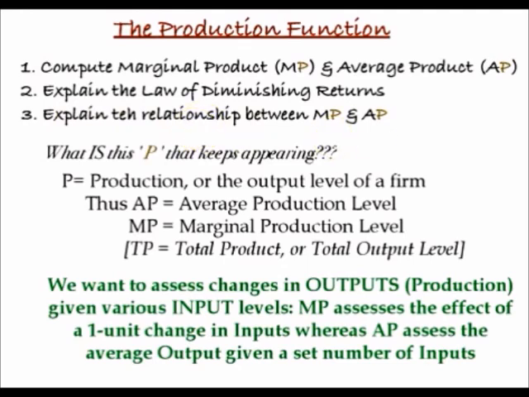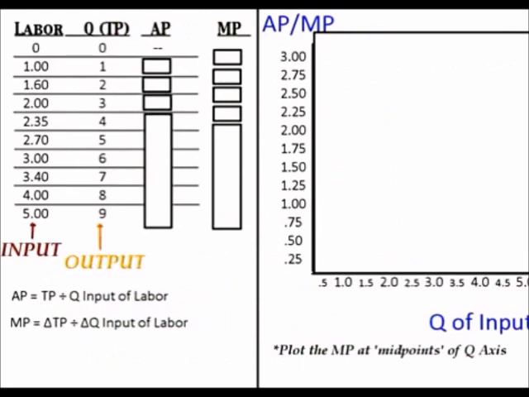All right, so we're back to this world of math. Gotta love math. Let's make sure that we understand the schedule that we're looking at first. This first column here you see is input levels. These are amounts of labor. You can picture these as hourly if you wish. You can picture them as number of workers as measured in thousands. I'm just going to work with this particular data as you see it.